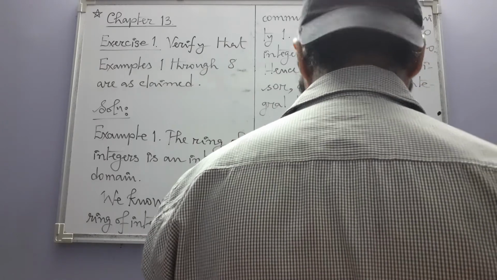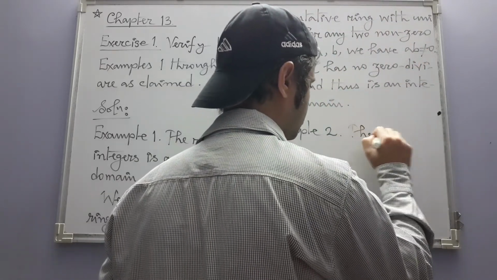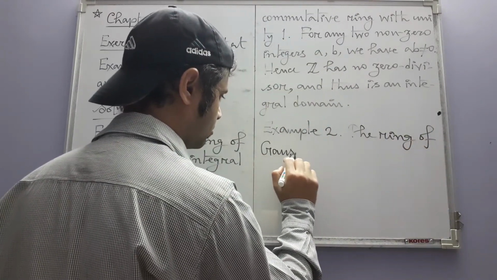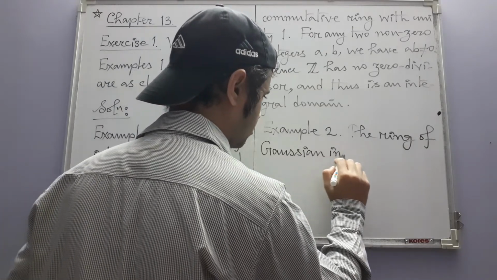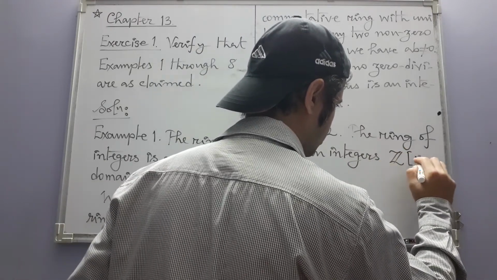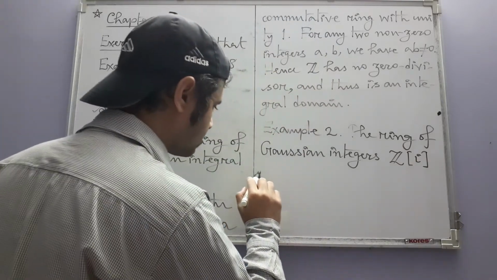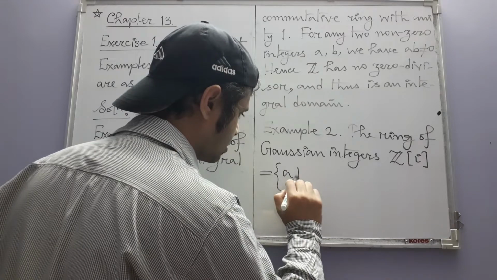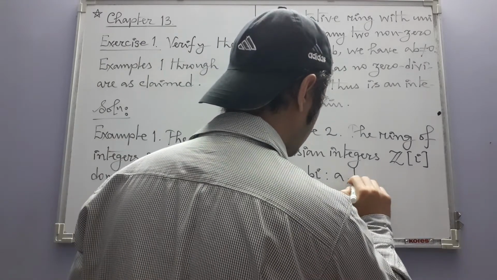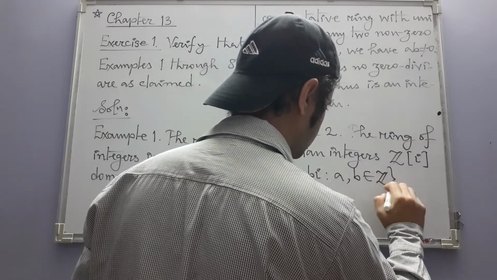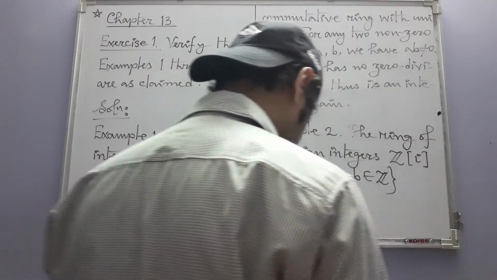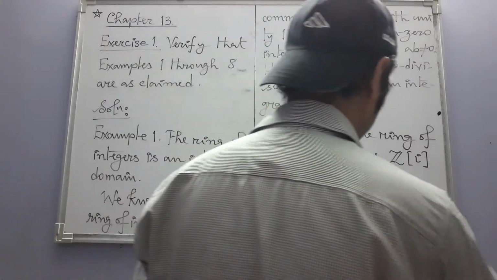Example 2, the ring of Gaussian integers, which is denoted like this, and it is the set of all complex numbers of the form a plus bi, where a and b are integers, and addition and multiplication are those in the field of complex numbers. This is an integral domain.